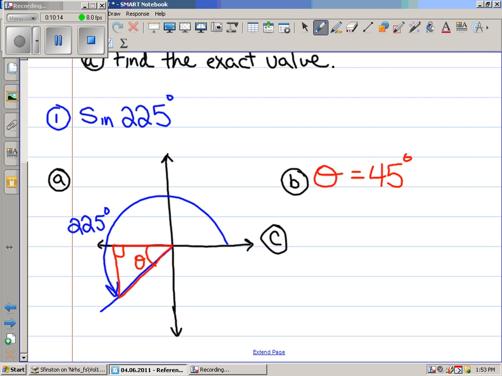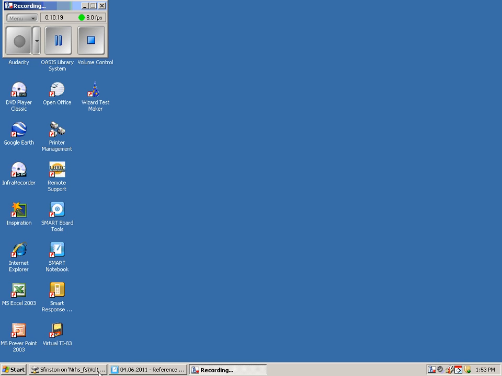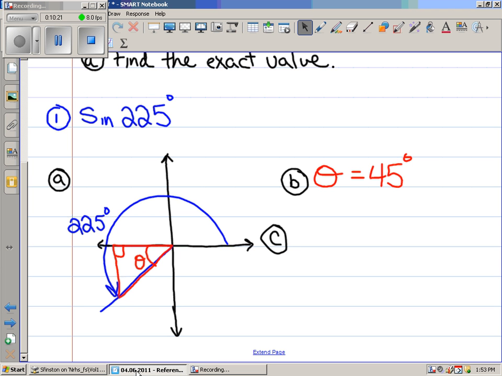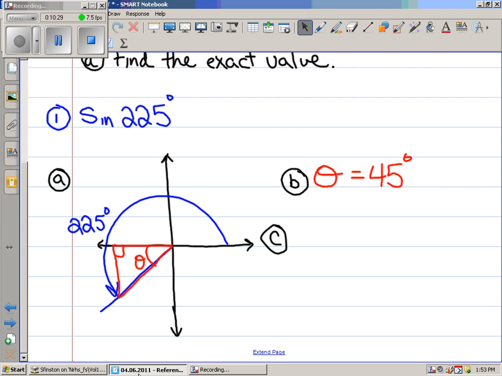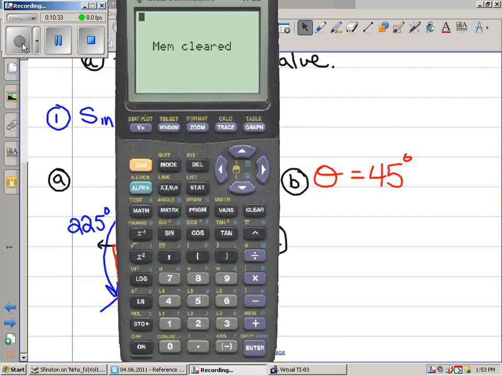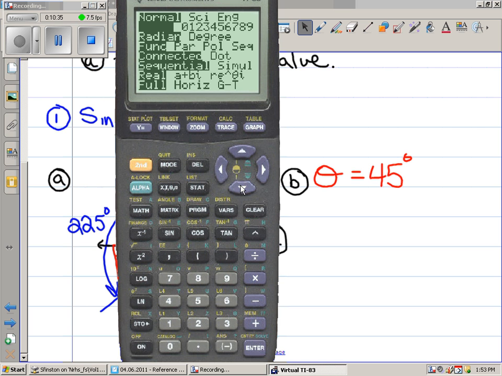Now, do me a favor. Type sine 225 into your calculator. Everybody make sure your calculator's in the right mode. That probably screwed a lot of people up on their quiz.